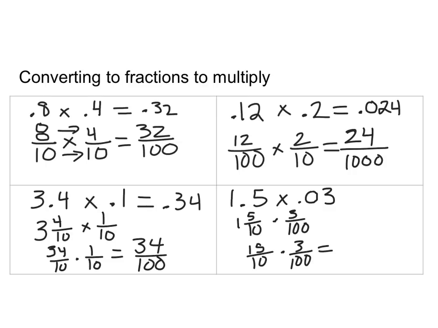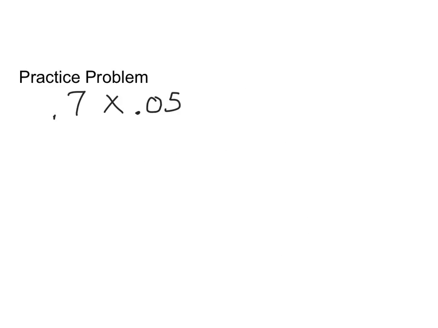And then multiply to get 45 thousandths, which would be 0.045, 45 thousandths. All right, and now for your practice problem, I want you to do 7/10 times 5 hundredths.